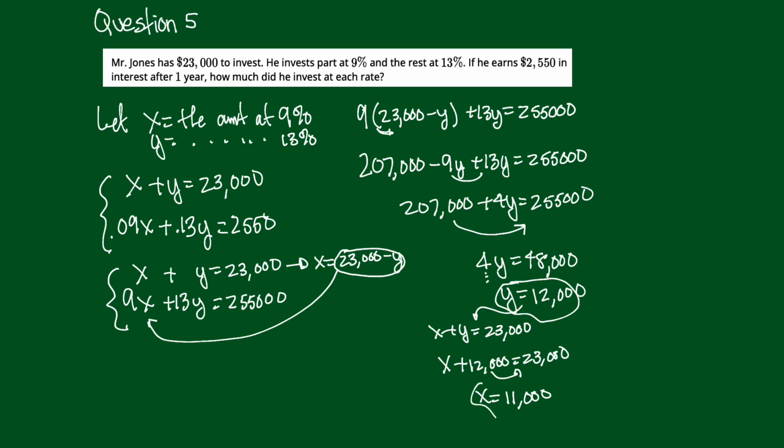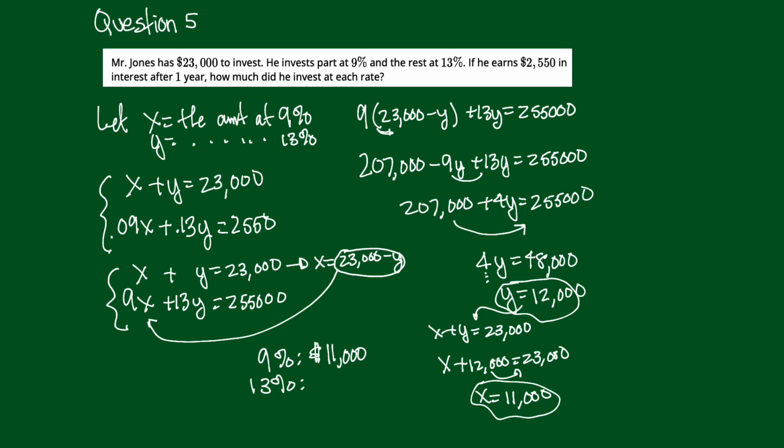All right, so how much is invested at each rate? So let's say this. What was x? Follow it all the way back up here. X is the amount at 9%. So let's say this. At 9%, we invested $11,000. Or Mr. Jones did.